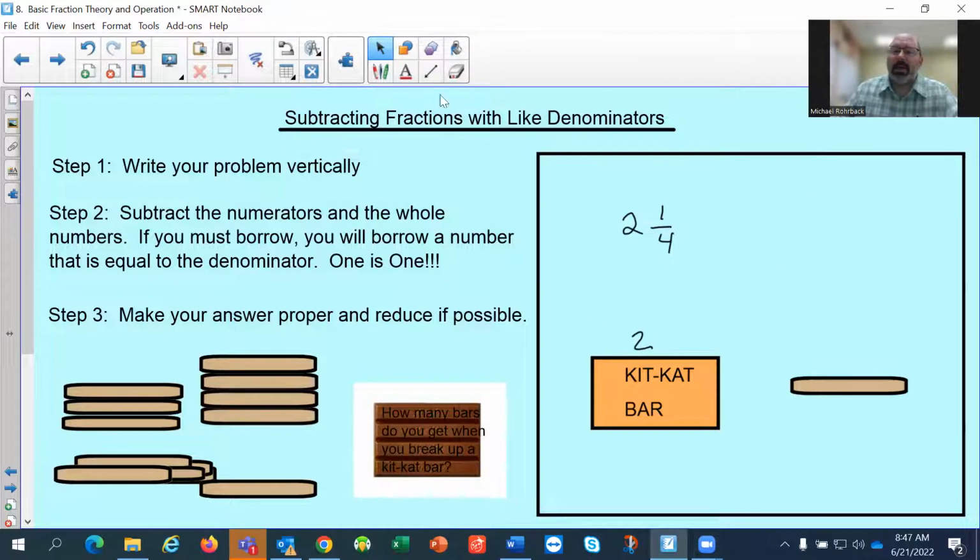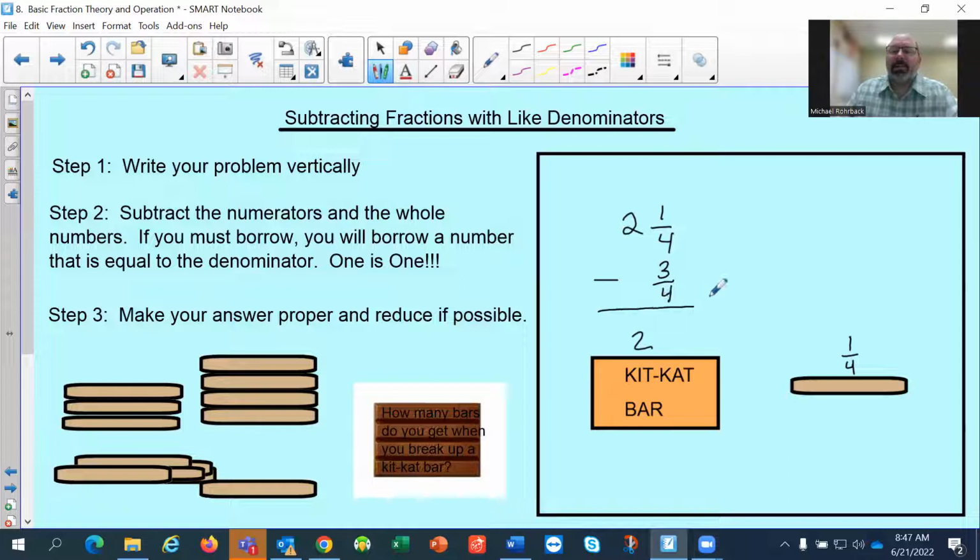I've got 2 and 1/4 of a Kit Kat bar. And I want to give somebody 3/4 of a Kit Kat bar, which means basically I want to give them 3 sticks of a Kit Kat bar. Well, I can't do that because right now I have 2 full Kit Kat bars and a 1/4 of a bar. I can't give away 3 sticks.